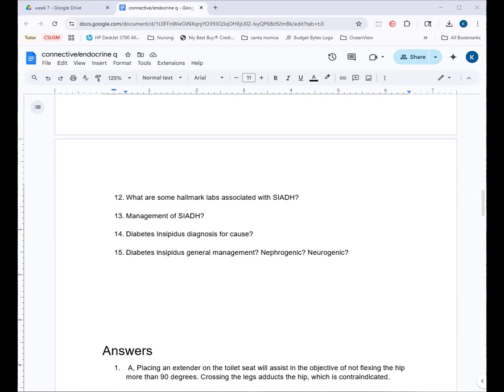Number 15, what's some general management, and then going into management specifically for nephrogenic and neurogenic. It doesn't have to be in a big paragraph or anything.